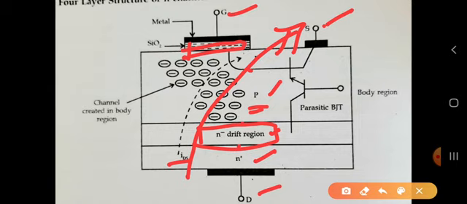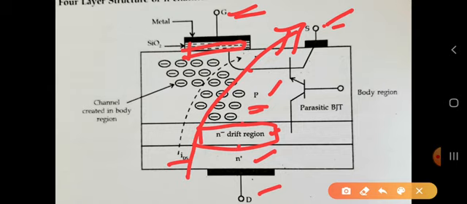We need a controlling voltage at the gate and source. When you give the voltage across the gate and source, that will help the current IDS move from drain to source. How is it going to help the current flow?